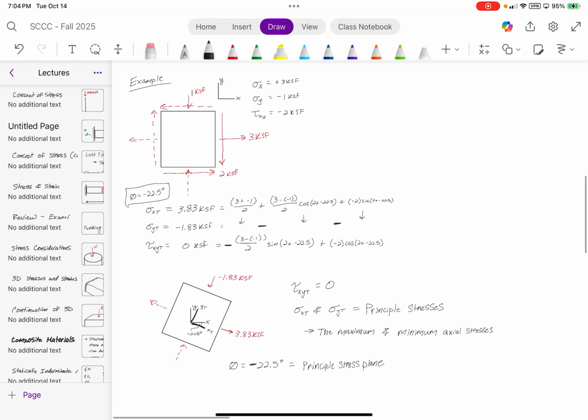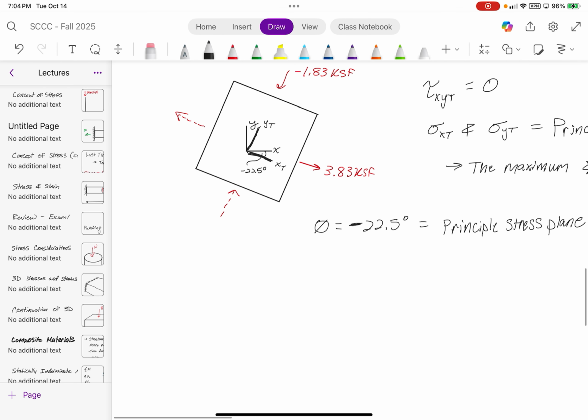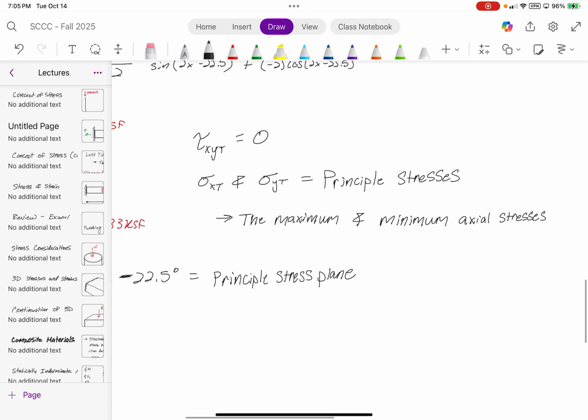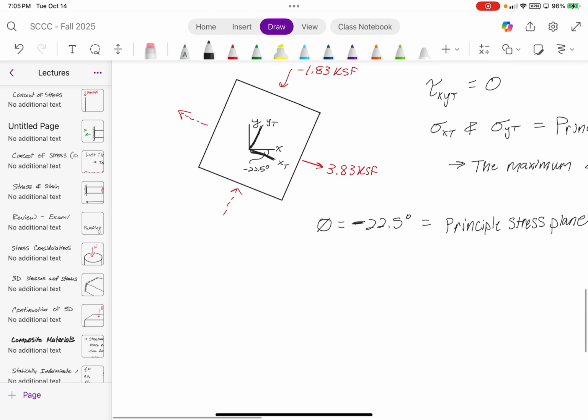It just happens to be negative 22.5 for these loads here. Now you can derive an expression to determine what the angle of rotation needs to be for the principal stresses to be calculated. And that equation is going to be written as such.